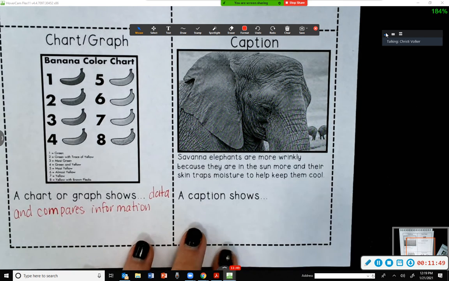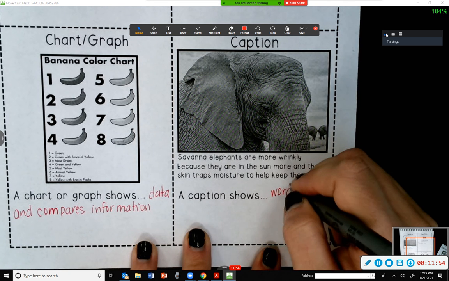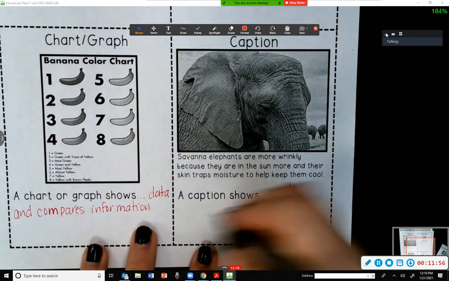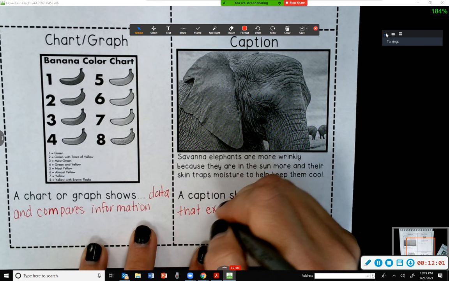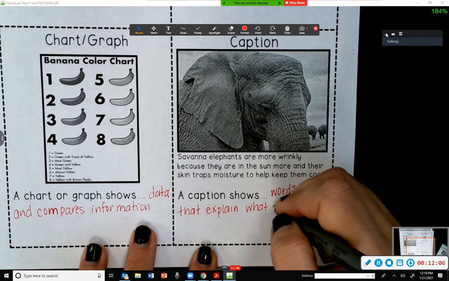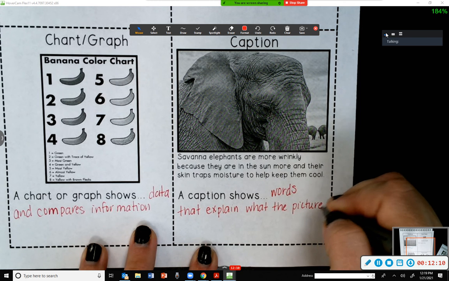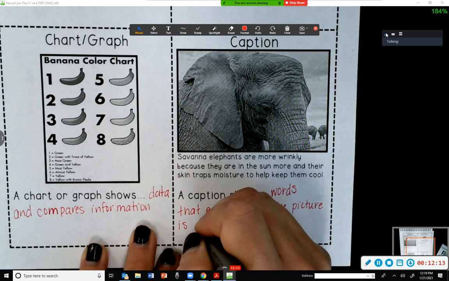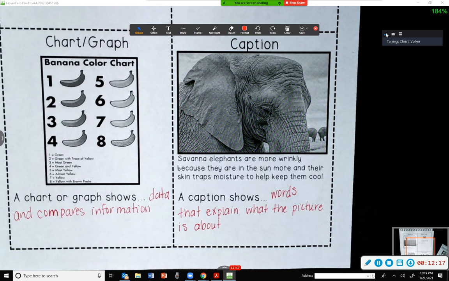So a caption shows words that explain what the picture is about. Okay, that's a caption. A caption shows words that explain what the picture is about.